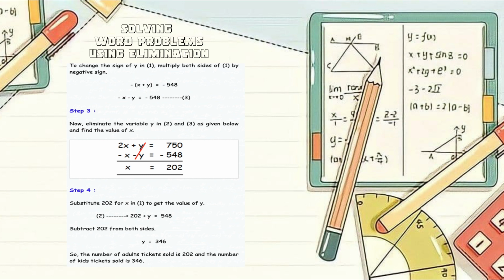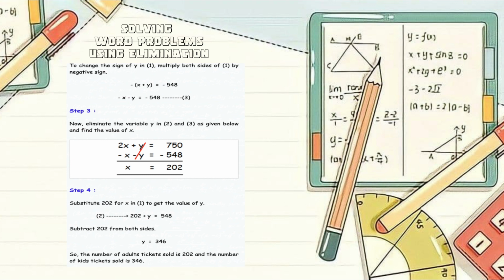Step 3. Now, eliminate the variable y in number 2 and 3 as given below and find the value of x. So we have here 2x plus y is equals to 750. Negative x minus y is equals to negative 548. So we're going to cancel both y's. So now we have x is equals to 202. So let's move on to step 4.